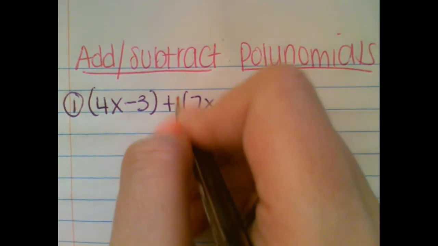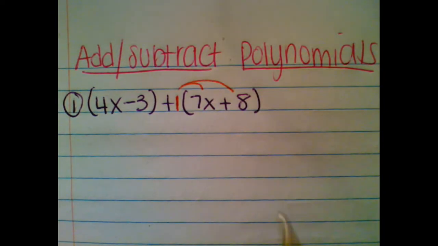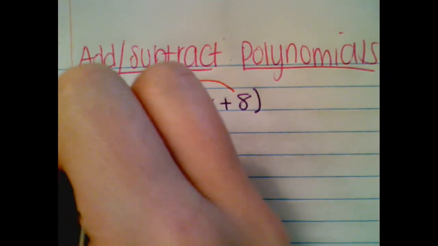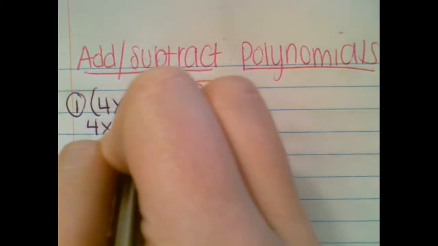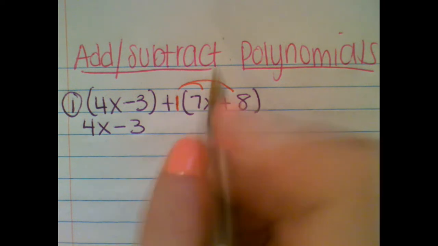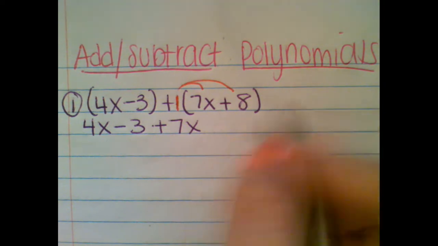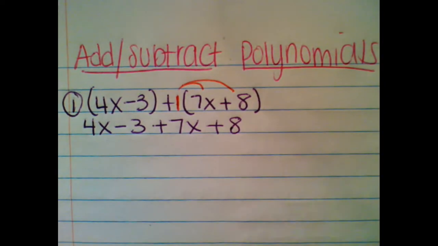Technically, there's a 1 out front. That means I need to distribute here and here. There's nothing for me to do with this one. That means I can just drop the parentheses and write 4x minus 3. Now this is positive 1 times 7, so that gives me positive 7x. Positive 1 times 8 gives me positive 8.